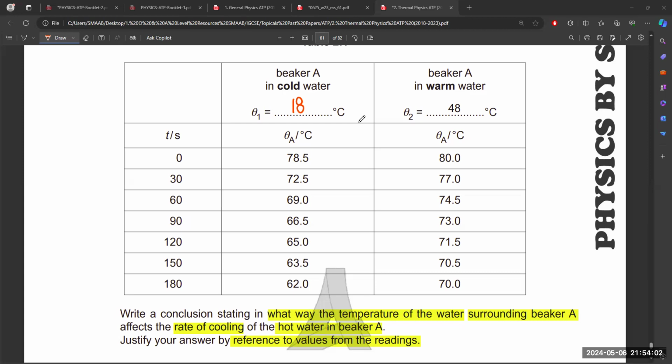So basically, from these readings in the graph, we have to mention the difference, what is going on. Basically, at time zero, the temperature in beaker A in cold water is 78.5, and over here it is 80. Then we have 69, 74.5. After some time, if we observe 65. So basically, the difference starts to increase.